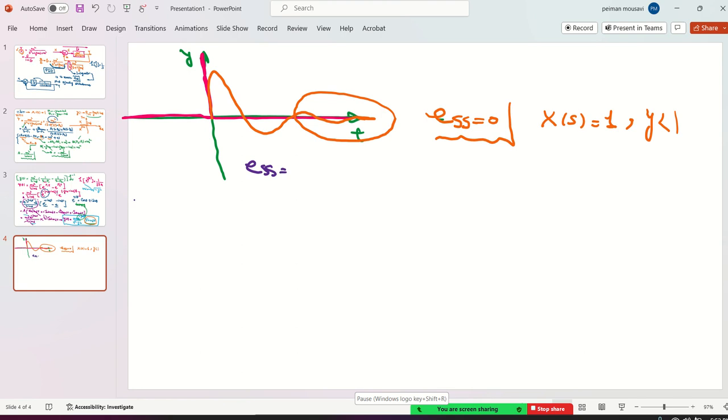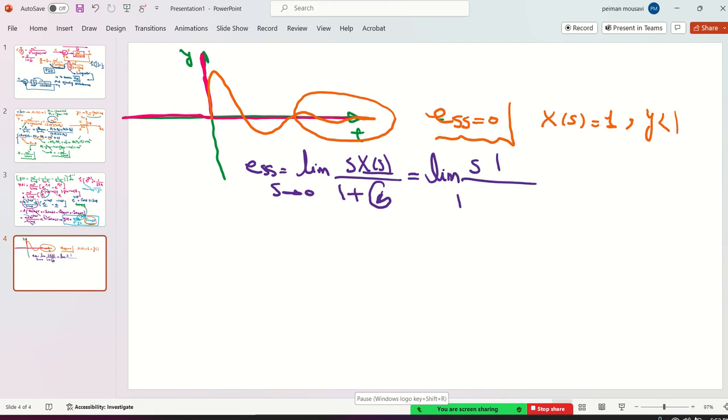e_ss is the limit as s goes to 0 of s times the input to the system over 1 plus the open loop transfer function, as I taught you. The limit of s times X(s) is 1 because it's an impulse. And the open loop transfer function is s squared plus 2 zeta omega n s.